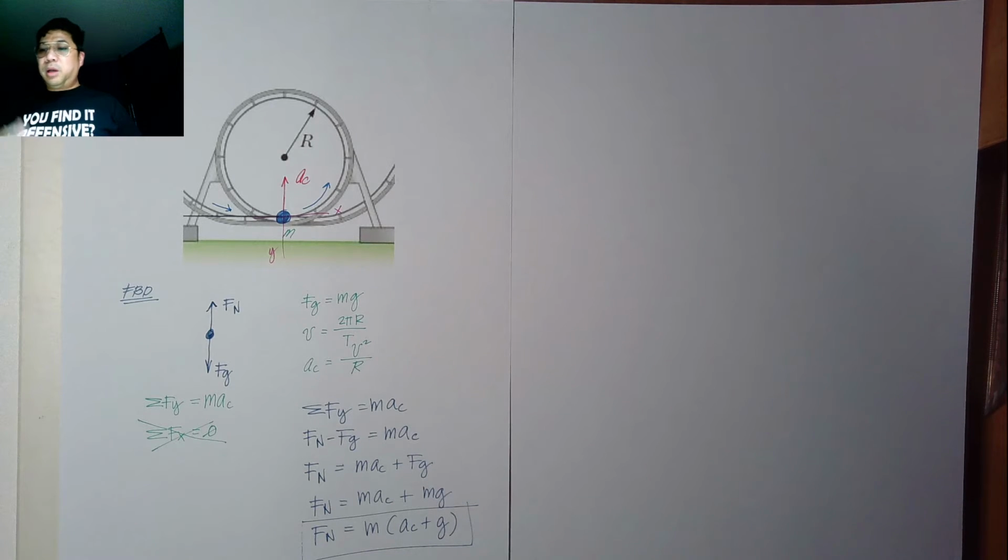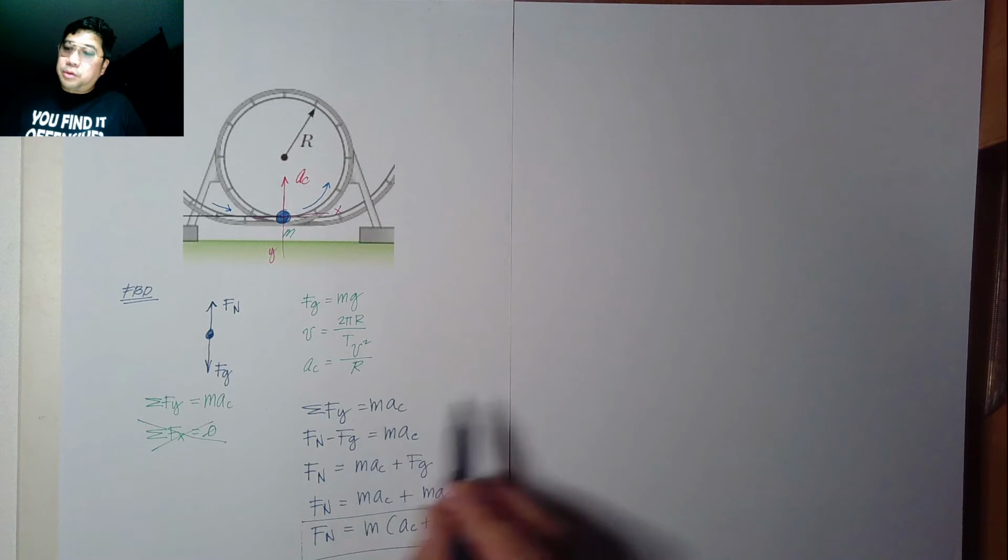How would you figure out the centripetal acceleration if this is your normal force? So comparing it from the different procedure that we have, of course, I will say start with the summation of forces, start with the given data. But since we have already established the given data, no need to start with it.